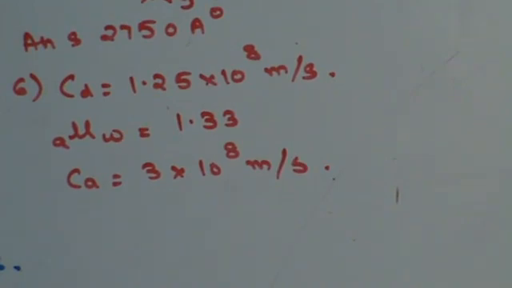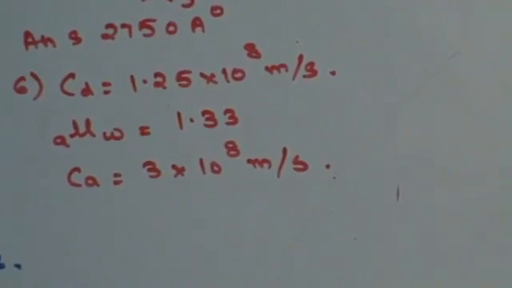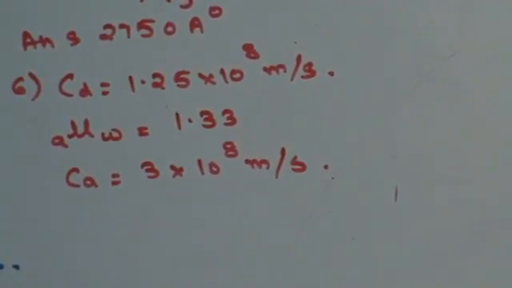I'll just read the question, guys. The velocity of light in diamond is 1.5 into 10 raised to 8 meters per second.